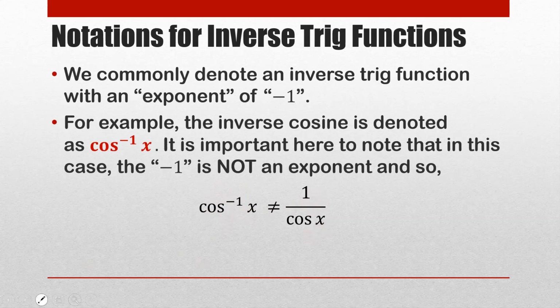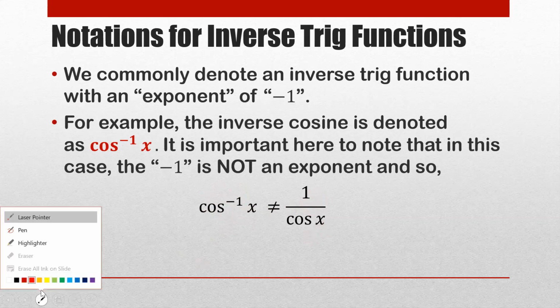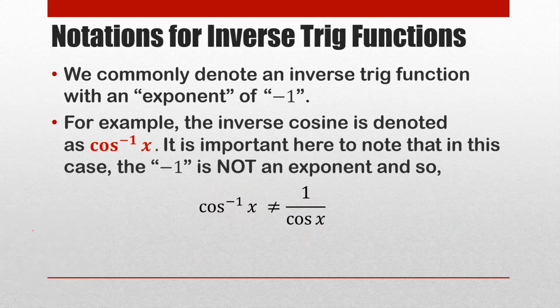Okay, let me get my pen. Okay, so while it's true that cosine squared x, if you remember, di ba, we had our cosine squared x. We mentioned that this is equal to cosine x raised to the second power. In this case naman, we have cosine to the -1.